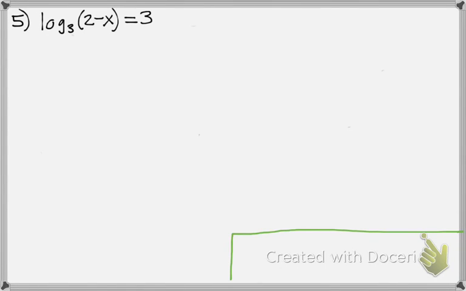We look at number 5, we have log base 3 of 2 minus x is equal to 3. And a big difference on this problem from the previous problems is that not everything is on the inside of the logarithm.